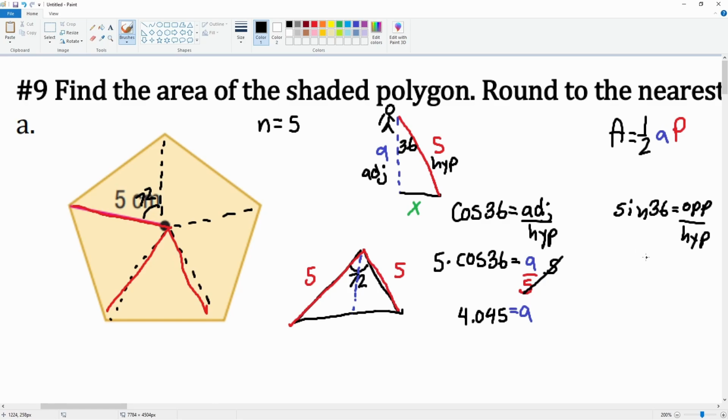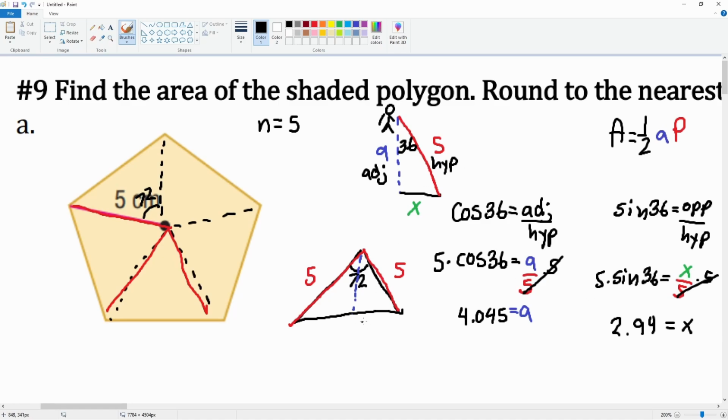The opposite here is x, and the hypotenuse is 5. If I multiply 5 to both sides to get x alone, I get 5 sine of 36, which gets me 2.94 is equal to x.